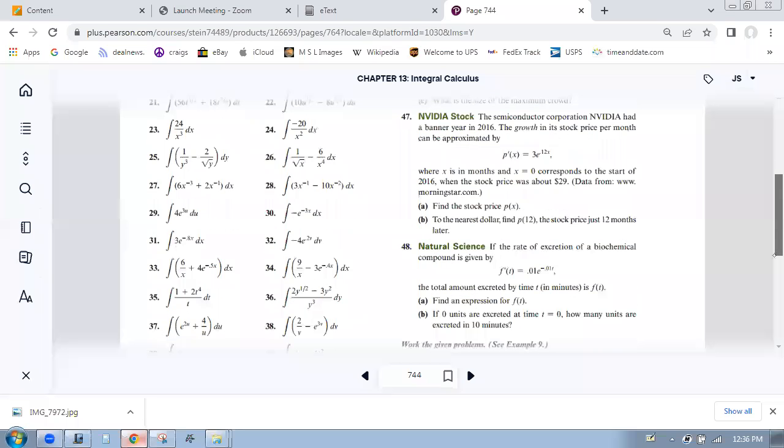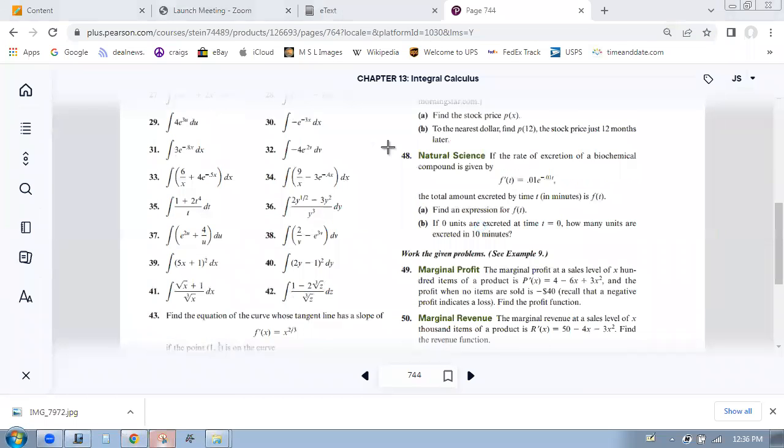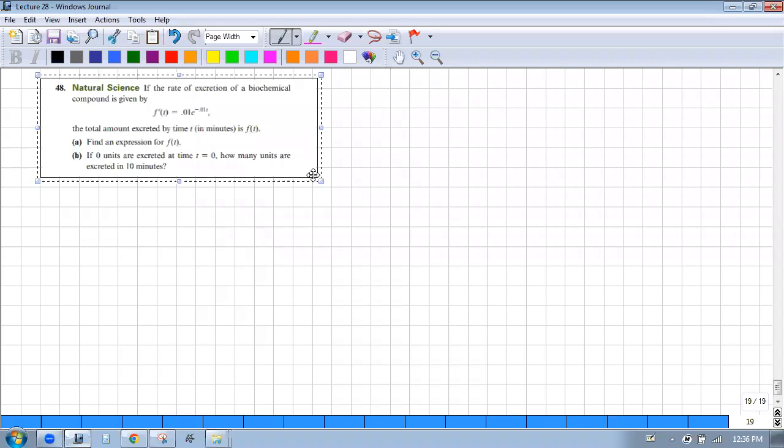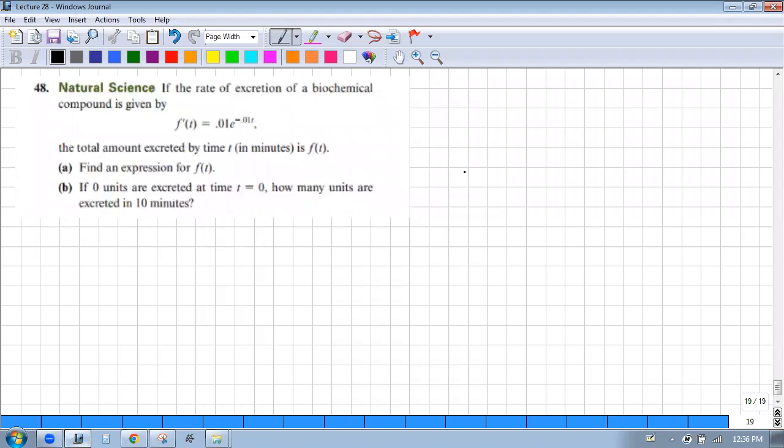Let's look at, say, number 48 here. If the rate of excretion of a biochemical compound is given by f prime of t, the total amount excreted by time t in minutes is f of t. Find f of t.